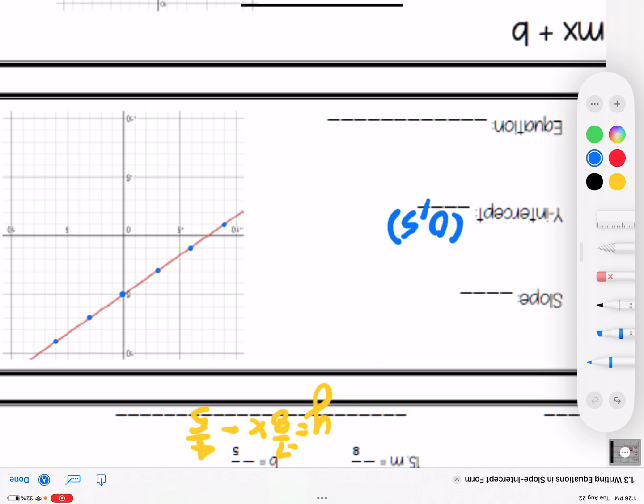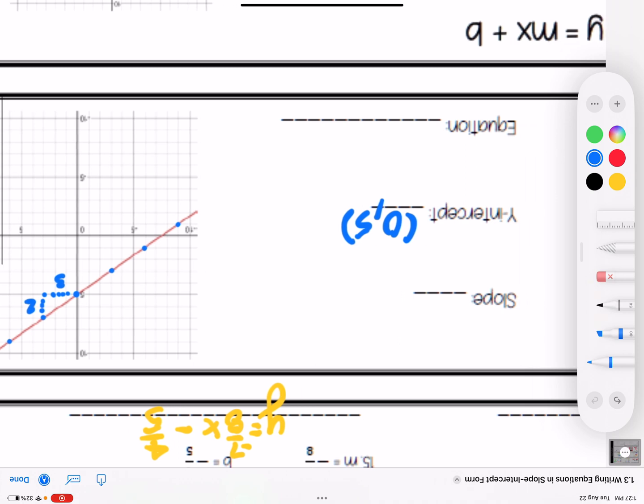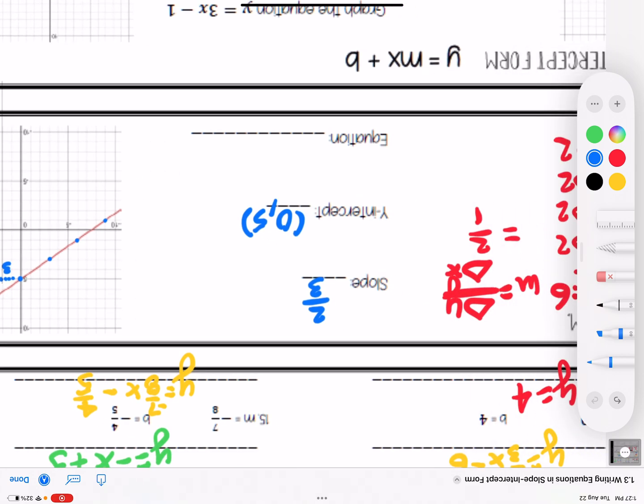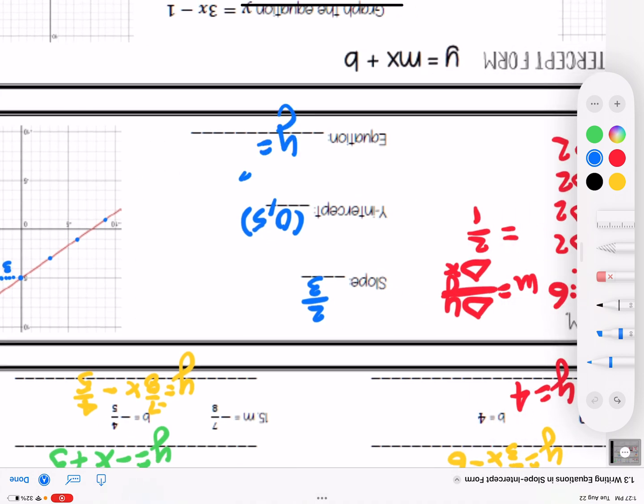So picking any two of those points and just counting squares as I go over and up, I can see that I go over 3 and up 2, so my rise over run is 2/3. And because this is going up to the right, it is positive 2/3. So then my equation is y equals 2/3 x plus 5, just like that.